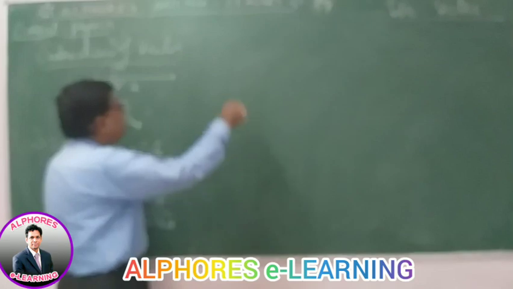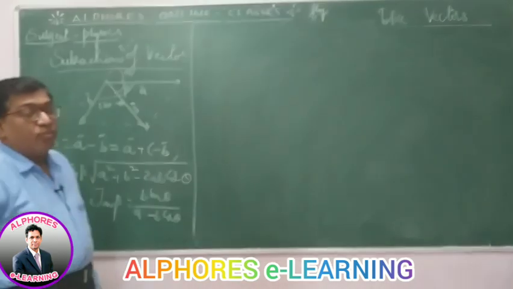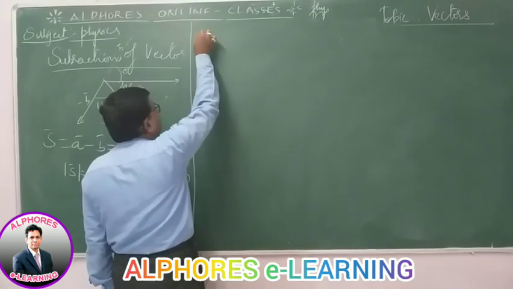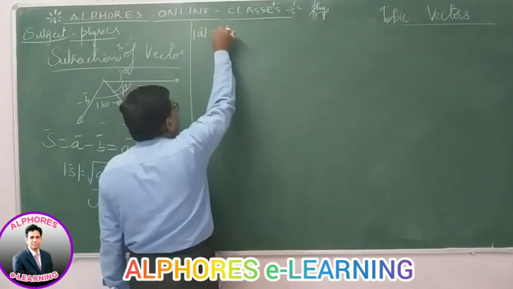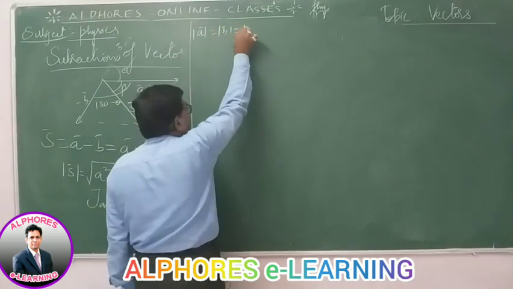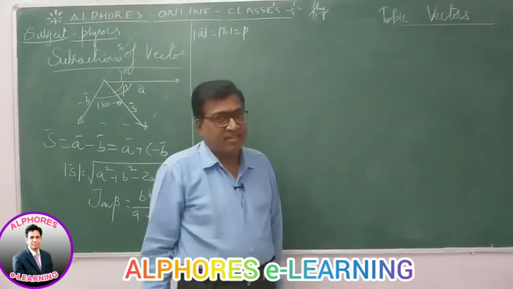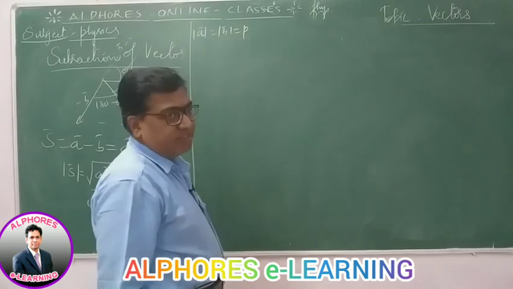Now next case. What if A bar and B bar are of the same magnitude? A bar magnitude and B bar magnitude are the same, P. Then how can we find the subtraction resultant of these two?